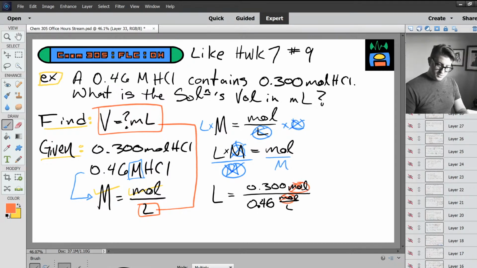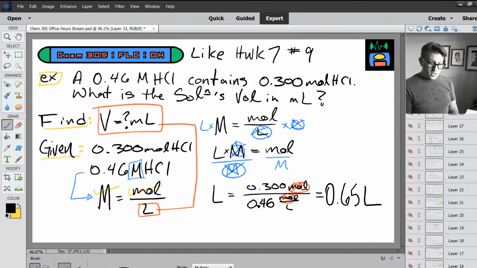Moles cancel moles. We can crunch our numbers. So this would be 0.300 divided by 0.46. So this would equal, let's see, 2 sig figs, 0.65 liters. But you'll notice we're not after our volume in liters, we're after our volume in milliliters.